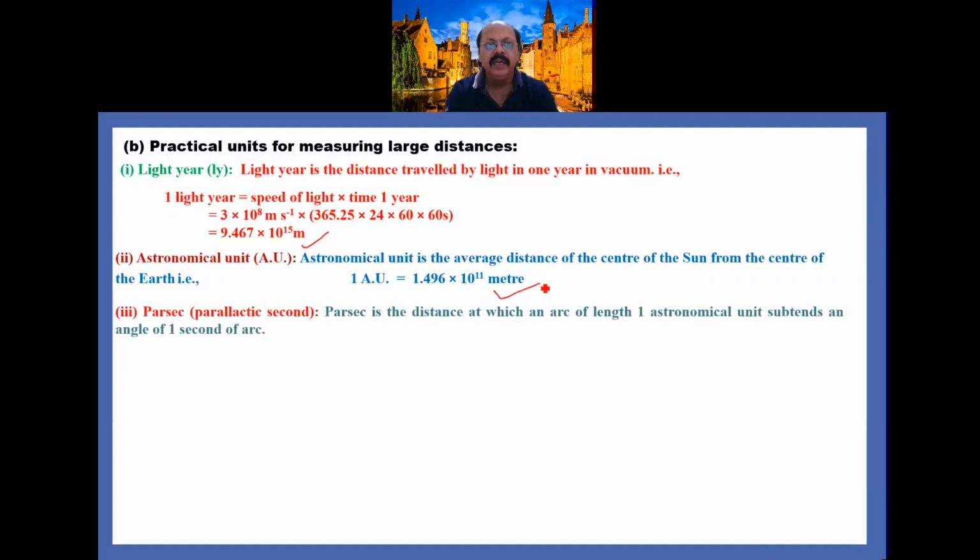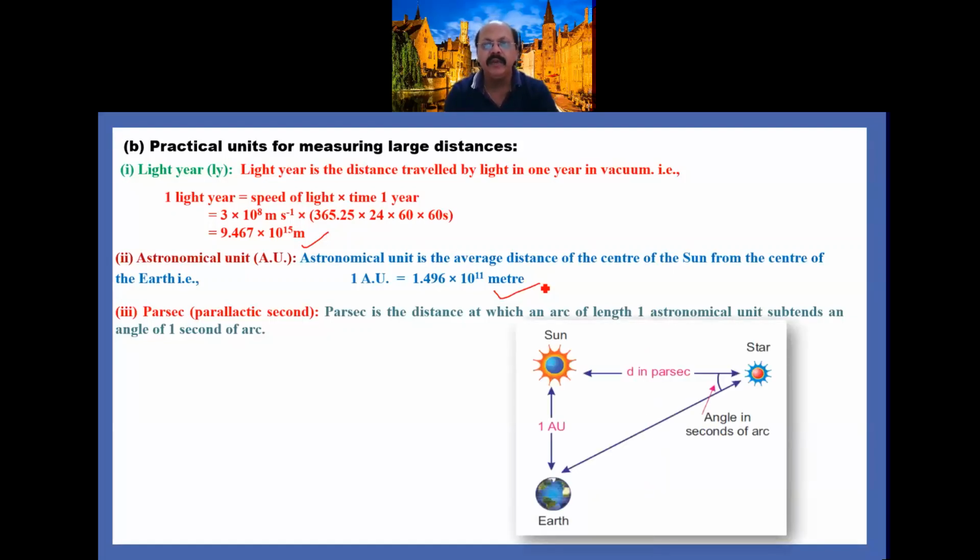Similarly, another unit is the parsec, which is known as parallactic second. So it is again a unit of distance. So parsec is the distance at which an arc of length 1 astronomical unit subtends an angle of 1 second of arc.